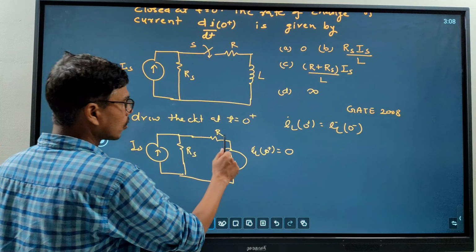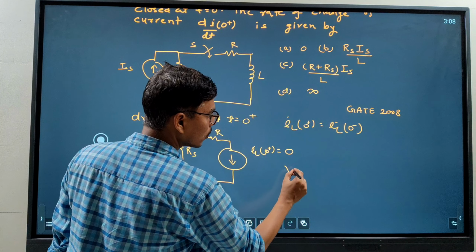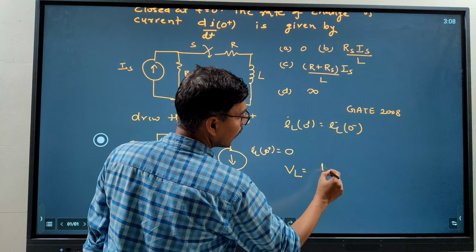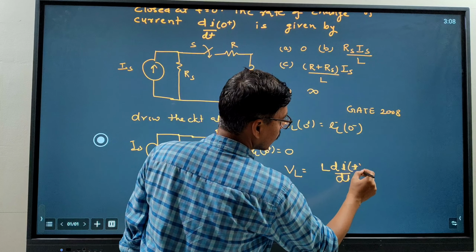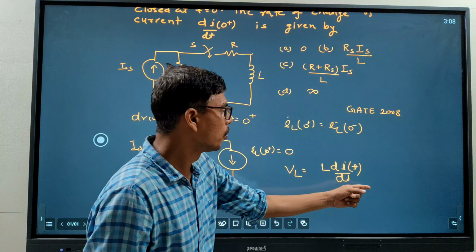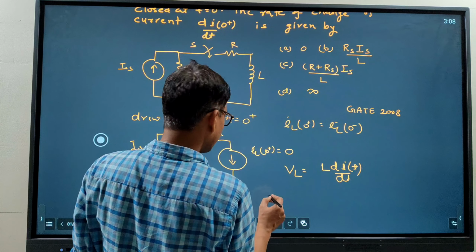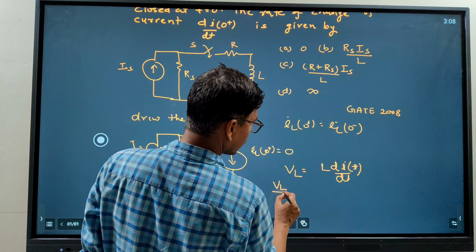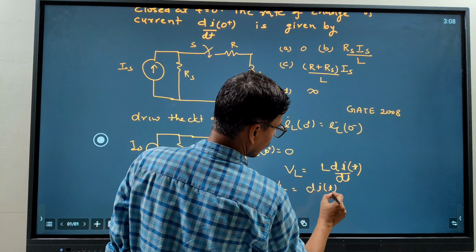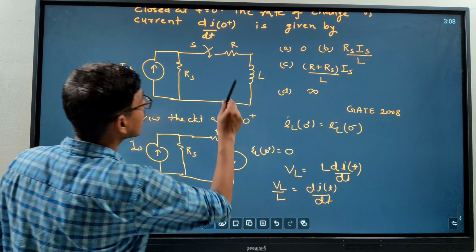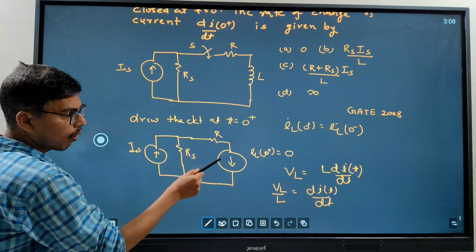One way is, we know that the voltage across an inductor is L di/dt. This is the expression of the voltage across the inductor. You can use this to find di/dt. So di/dt is just VL upon L. Now they have asked for t equals 0 plus, which you can find from this figure.